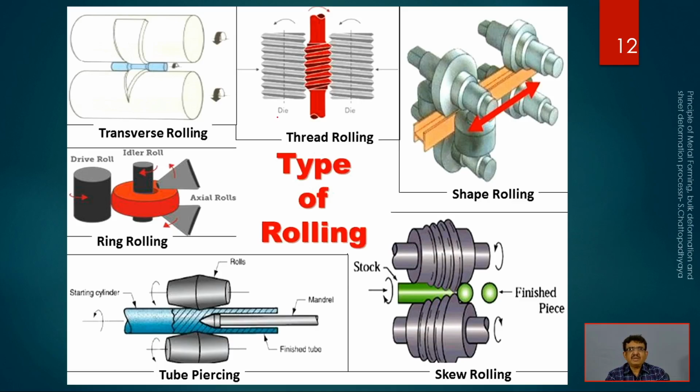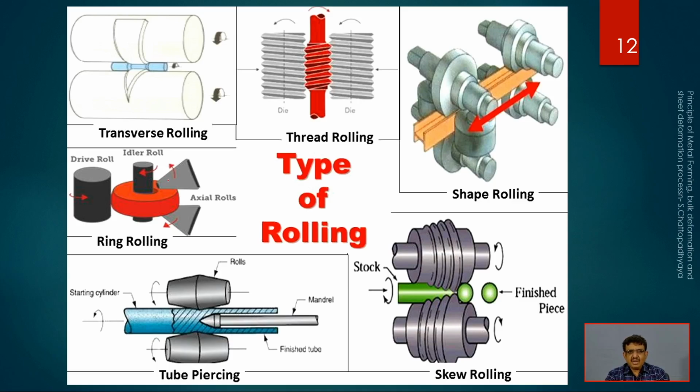One has to remember that 95 to 99% of the threads in the world are produced by the thread rolling process. It's a very productive process. High tensile nuts and bolts and their external and internal threads are mainly generated by thread rolling, where the threads are also on the roll, and because of this rolling activity the threads are generated.